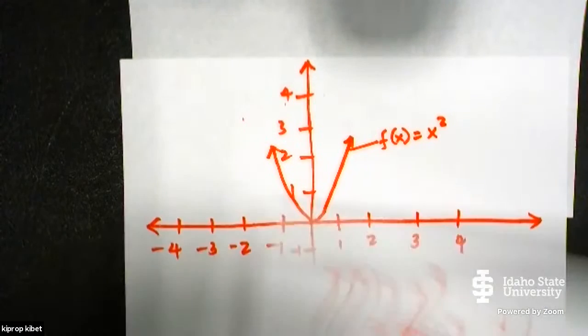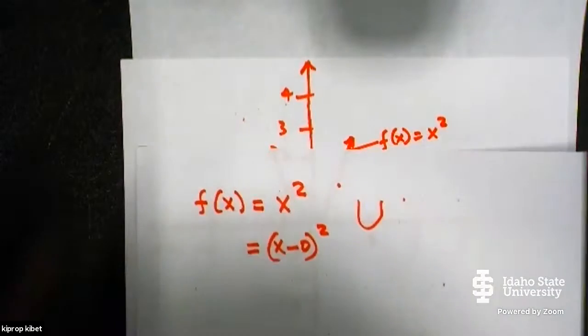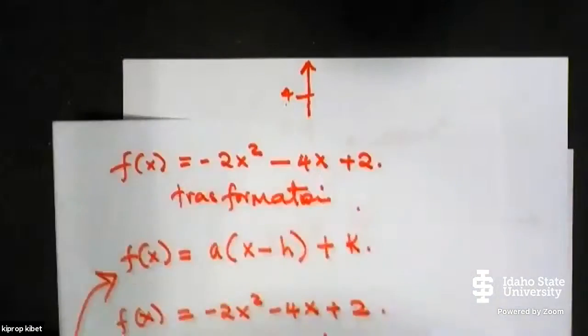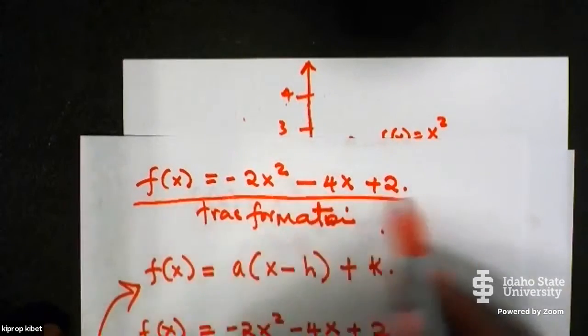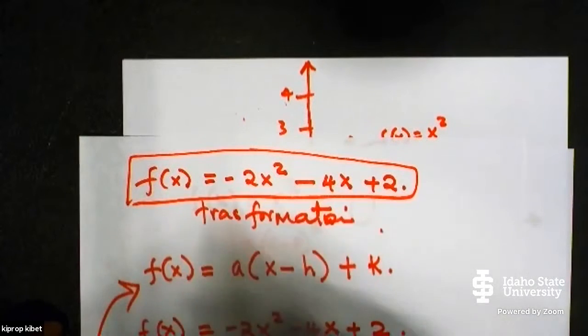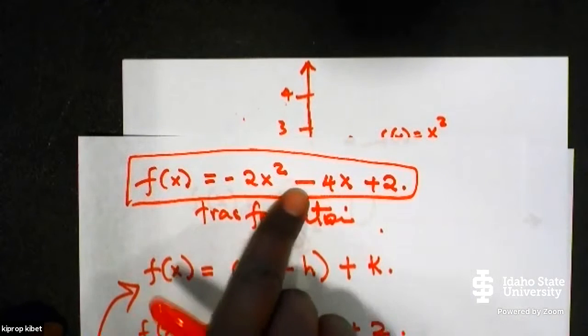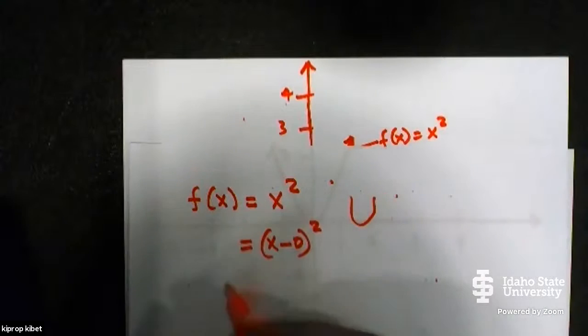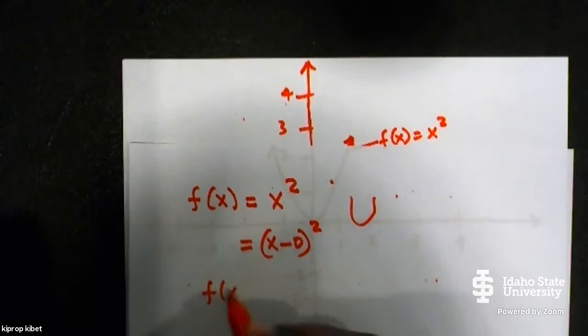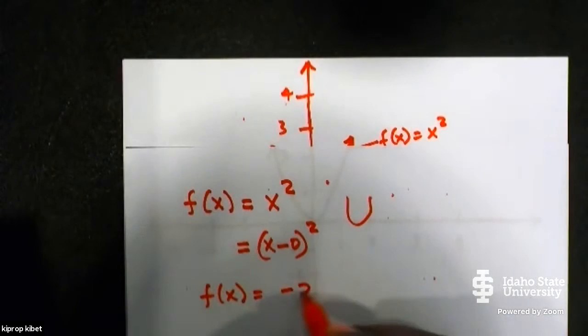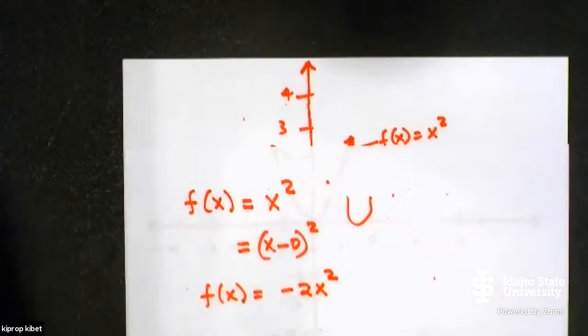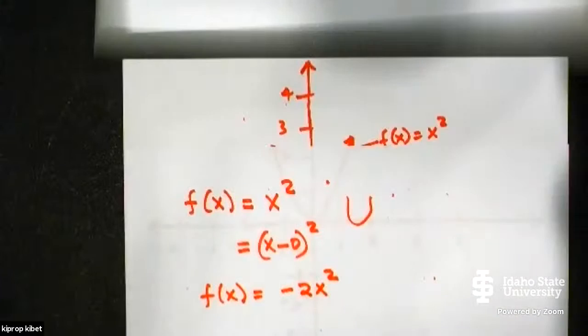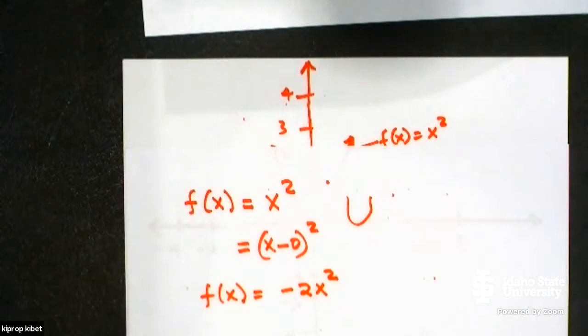Then our graph is this, minus 2x squared minus 4x plus 2. Now we draw the graph f of x equals minus 2x squared. Okay?